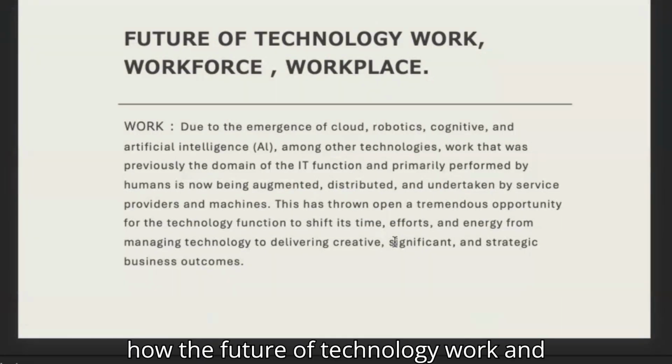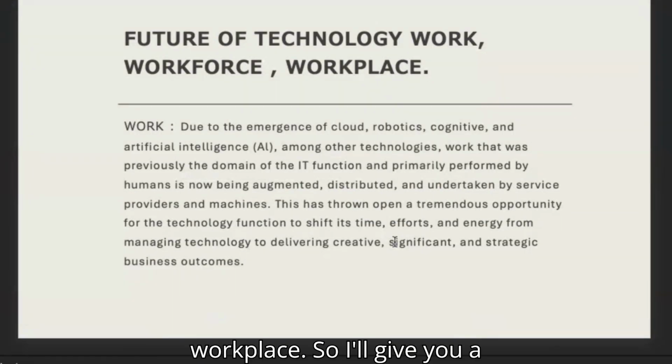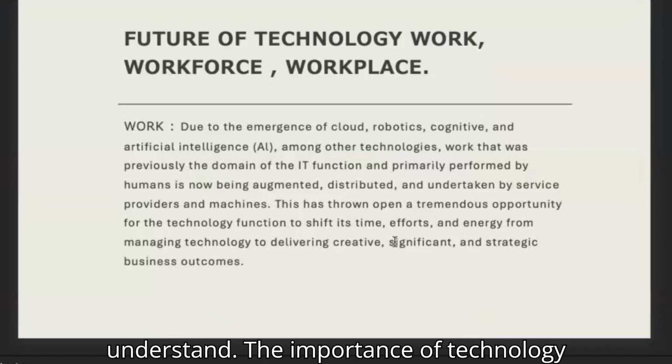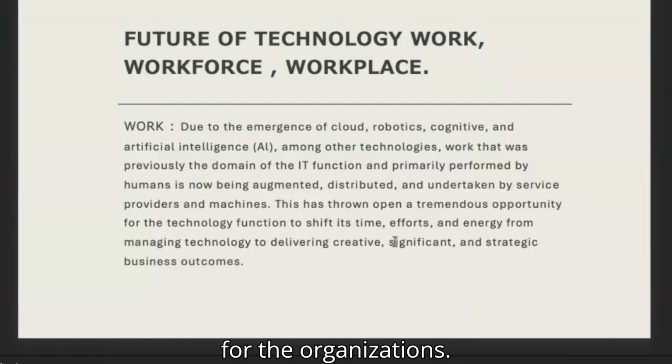Now, the future of technology, work and workplace. I'll give you a brief introduction of what exactly the importance of technology is. Let's understand the importance of technology for the organizations.